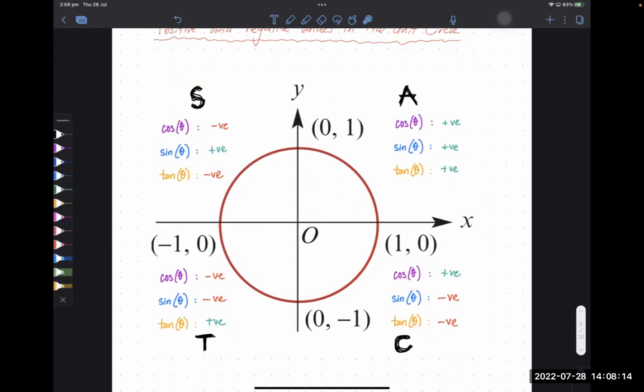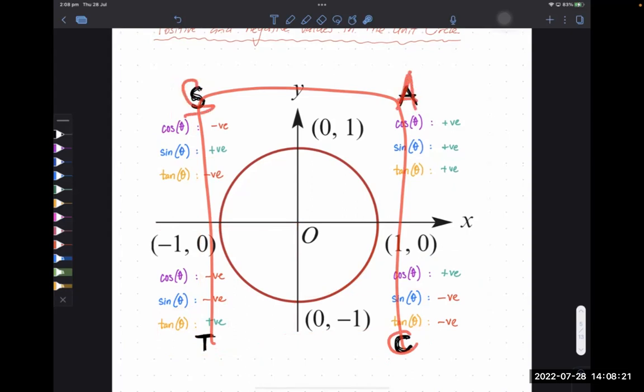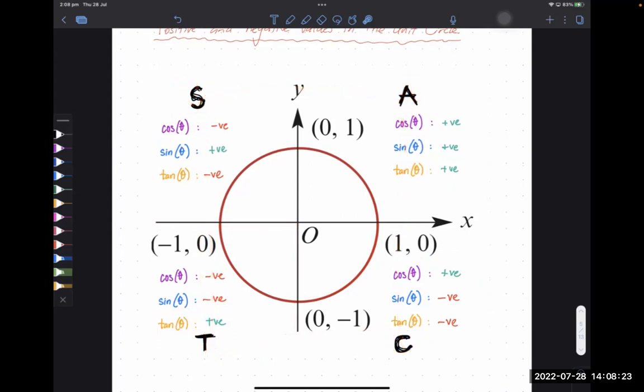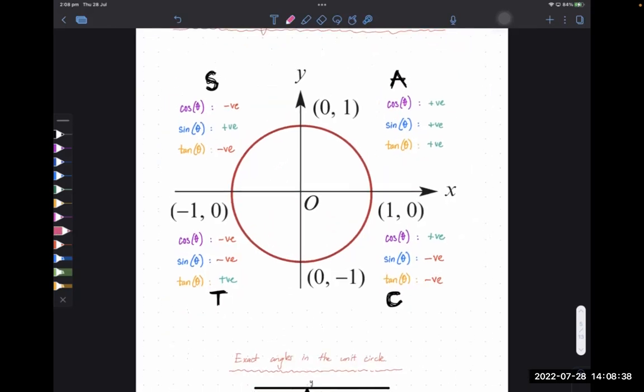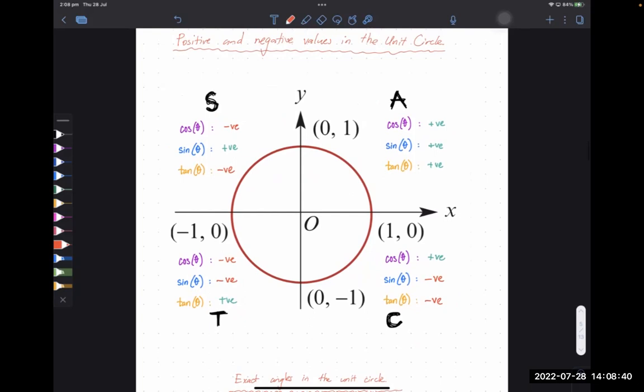So there are acronyms for this, but I like to think of it as CAST, right? CAST. So we won't call these quadrants 1, 2, 3, 4. We're going to refer to them as ASTC. Astica. Yes, I've heard that one before. All stations to city.